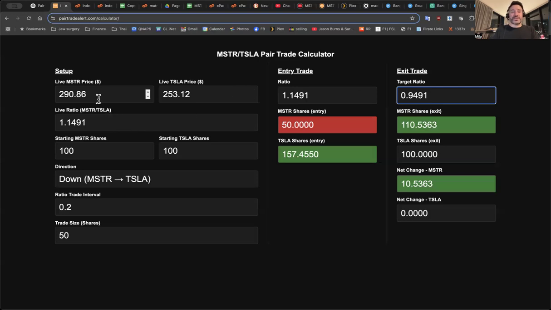But what you can do though is you can manually type in numbers here, so you can delete the live amounts, and you could put in here say $700, and here you could put in $500, and then that would tell you based on these amounts how many shares you'd get. So you could use this if you want to put in what you think the future holds for these two assets. Not sure how useful that is, but it's there if you need it.